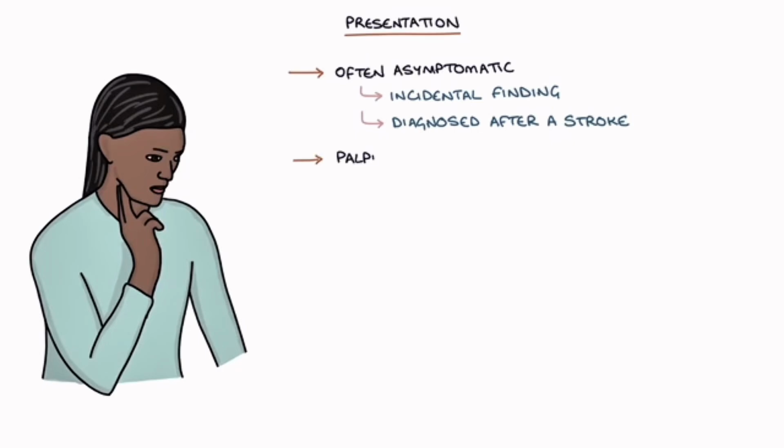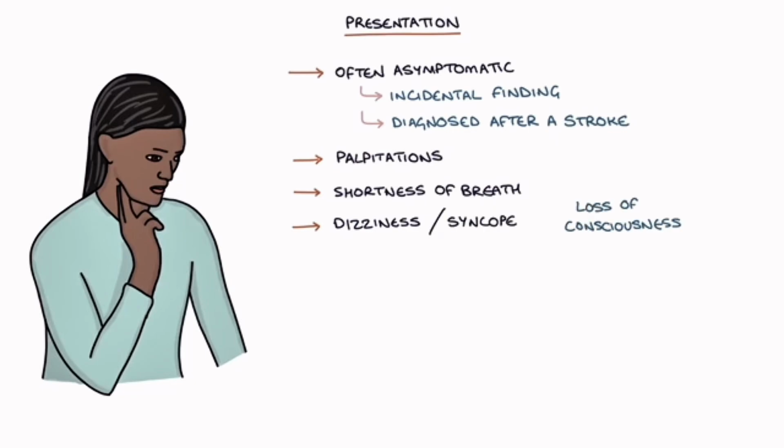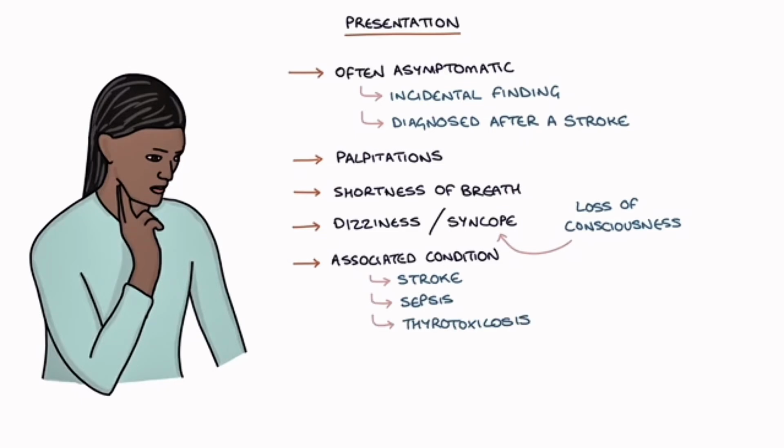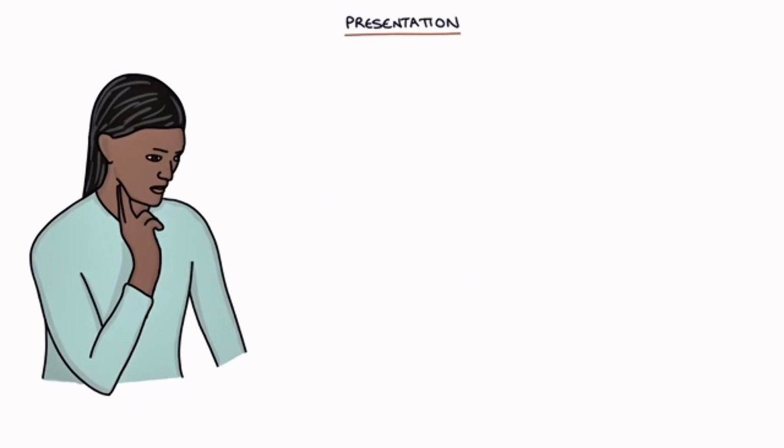Presenting symptoms can include palpitations, feeling like the heart is beating irregularly, shortness of breath, dizziness, or syncope, which is loss of consciousness, and symptoms of associated conditions. For example, symptoms of stroke, sepsis, or thyrotoxicosis.